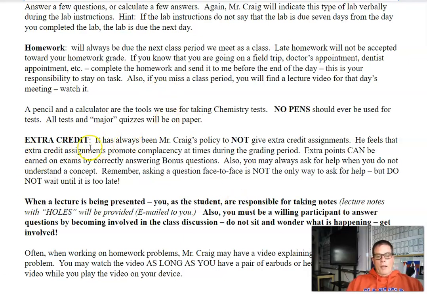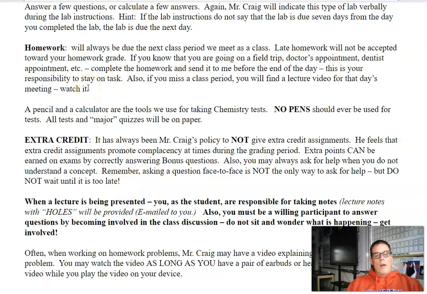Extra credit. Please don't ask me about extra credit. I don't give out extra credit assignments. I don't give out extra credit points. I do give bonus opportunities during tests, and there you have to actually earn those points because it is chemistry related. So it's not like I'm going to have you write a paper or clean my erasers or whatever garbage that some teachers may do to get you extra points.